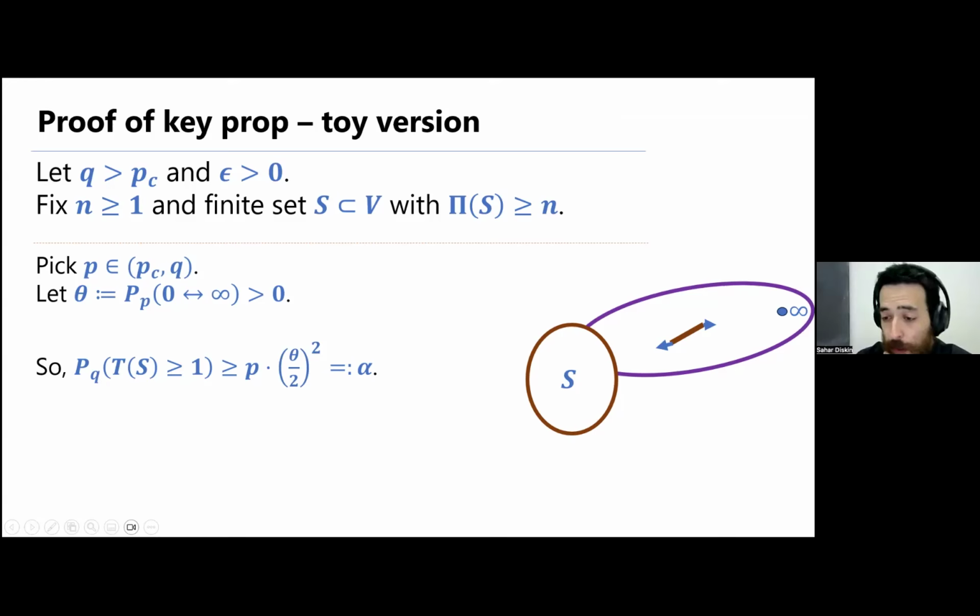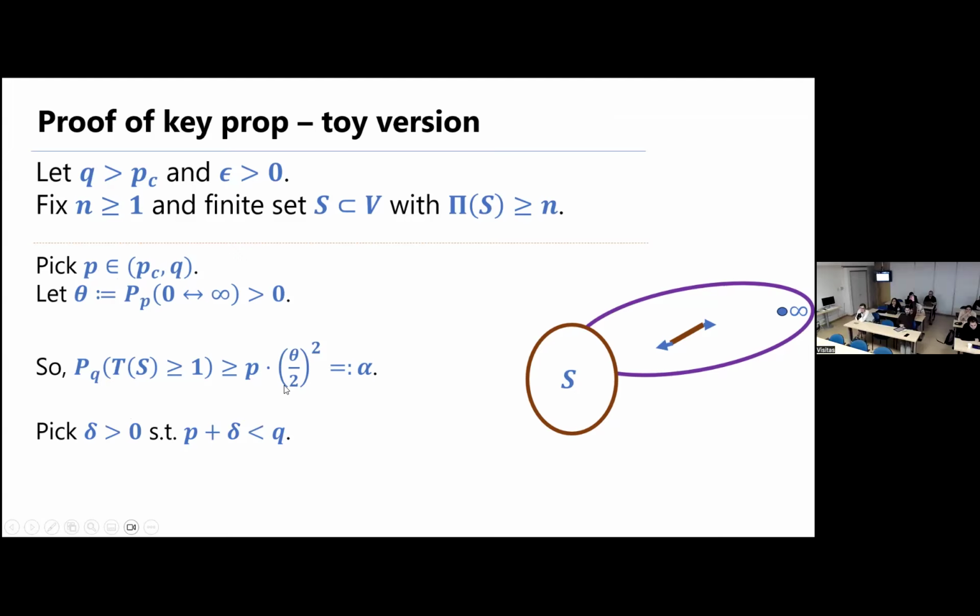If I look at the cluster of this edge that I uncovered, I already know that all its boundary is P closed. So whatever I do now outside, I need somehow to deal with this negative information that I revealed. This is why it's good that we picked P slightly smaller than Q, because we can fit in some delta such that P plus delta is still smaller than Q.